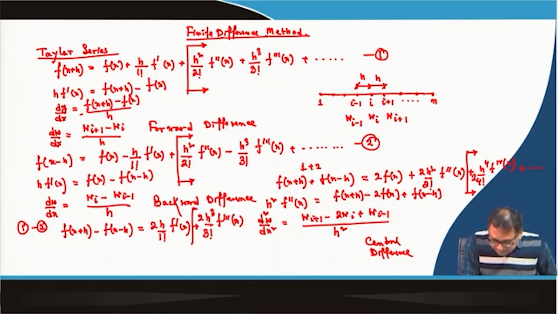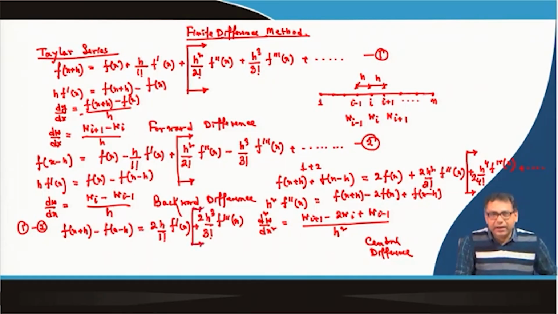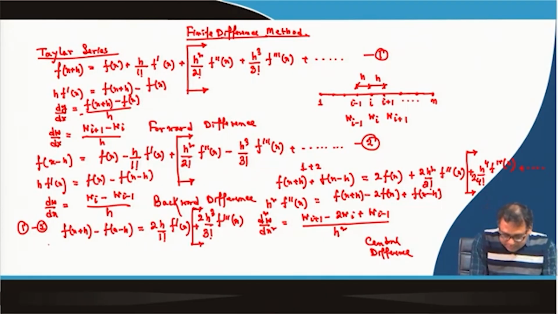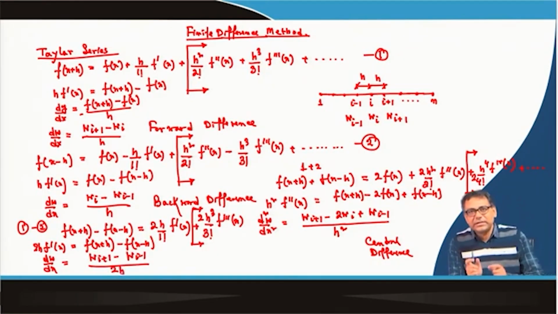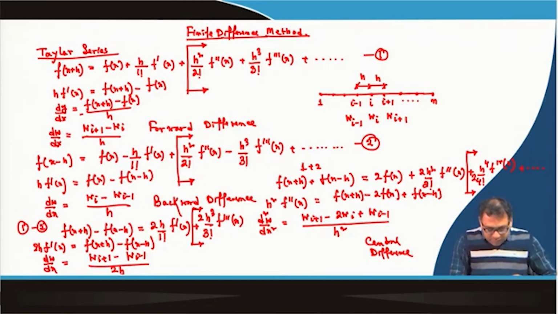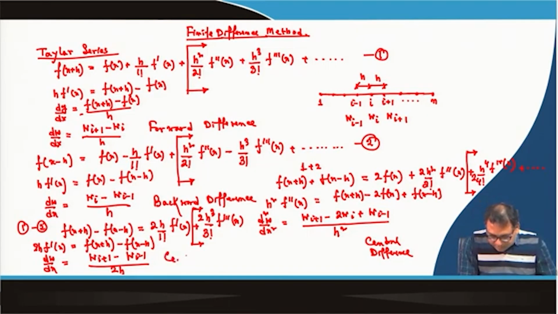Now, if I neglect this h cube term and higher, then I can write that 2 h f dash x is f(x plus h) minus f(x minus h), or I can write d w by d x is equal to W i plus 1 minus W i minus 1 divided by 2 h. h is the difference between the nodes. So, now this is also called central difference scheme.